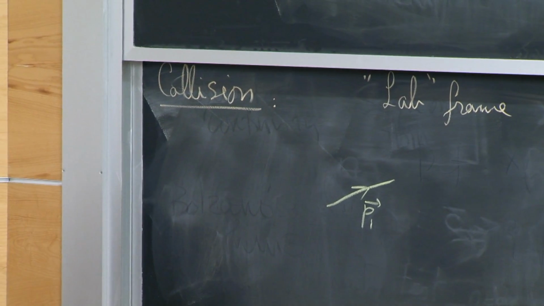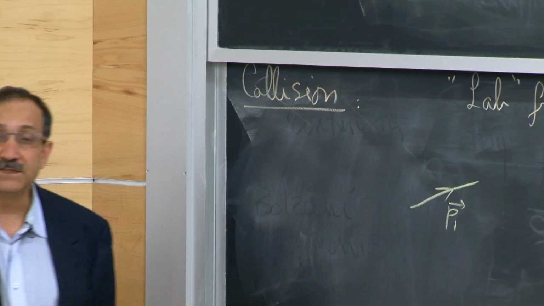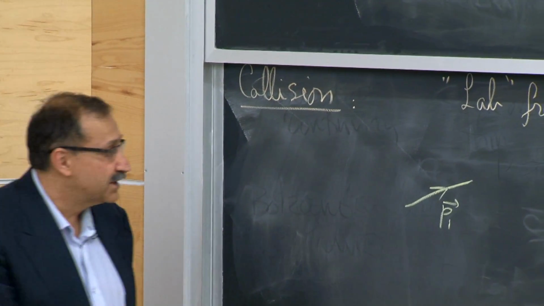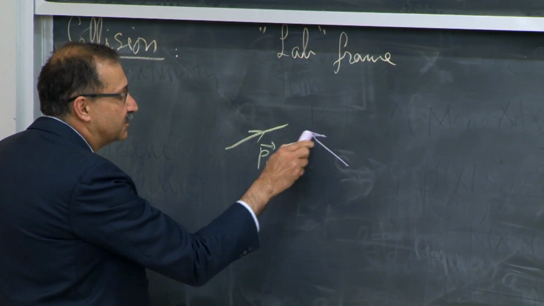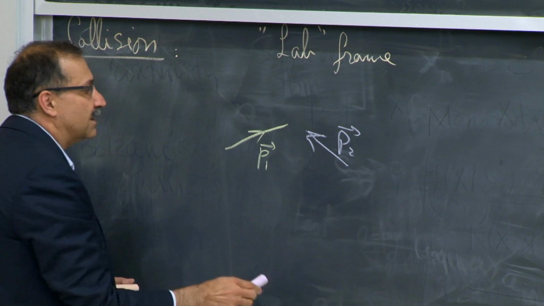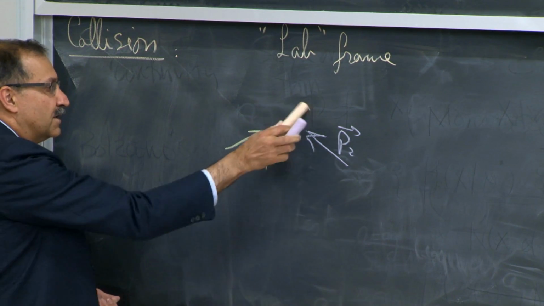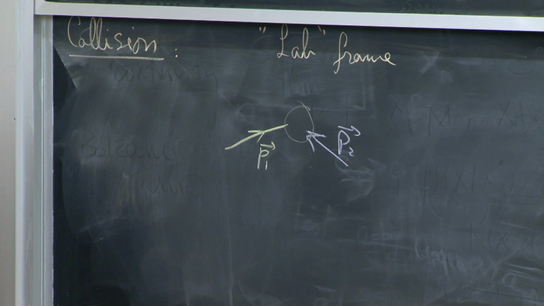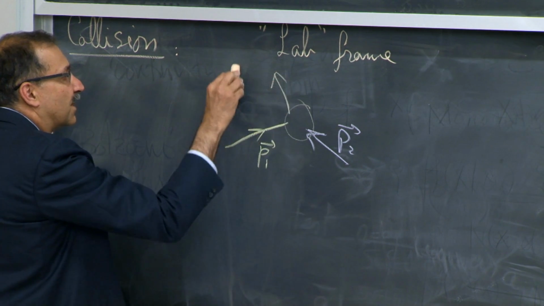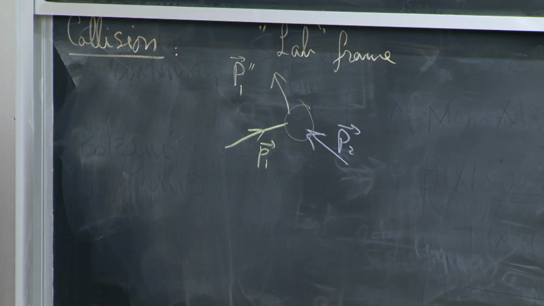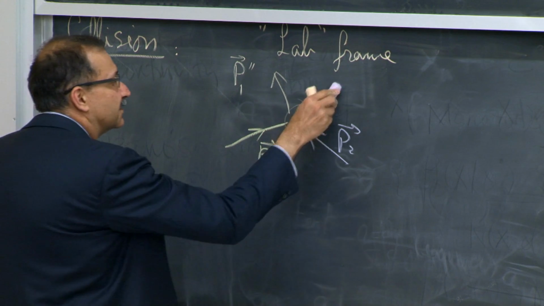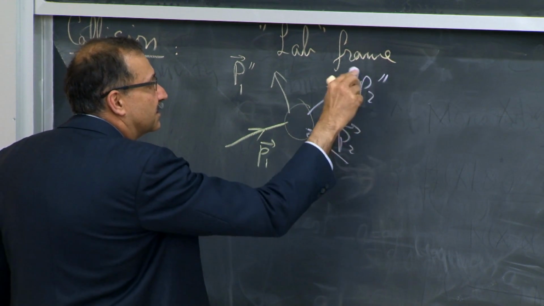That's the density that I'm following in the channel represented by P1. But then along comes a particle with momentum P2, and there is some place where they hit each other, after which this one goes off with P1 prime. Actually, let me call it P1 double prime. And this one goes off with P2 double prime.